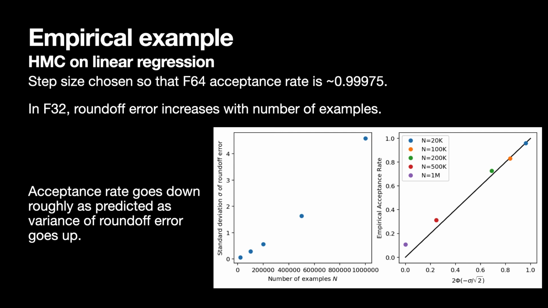And the acceptance rate does go down roughly as predicted by the derivation for the normal case in the paper as the variance of the round-off error goes up. Now, the purple and red dots are a little bit higher, the acceptance rates, than what's predicted, but I actually think that's just because we haven't actually converged to p hat yet, because the acceptance rates are so low that our mixing is terrible.